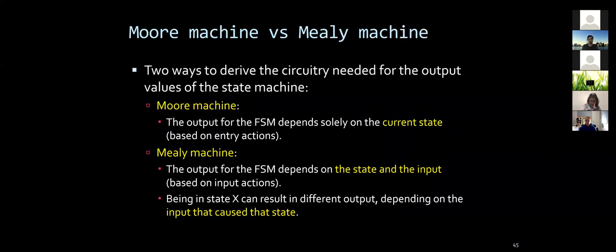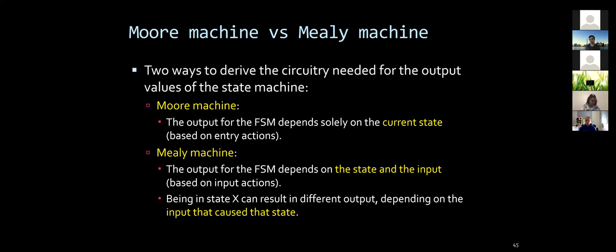Okay, let's move on. So something I'm not going to cover too much today, not to overload you, but I just need to tell you that those things exist. So we essentially have something called Moore machine and Mealy machine. These are 2 ways to derive the circuits needed for the output values of the state machines. So essentially the Moore machine uses this main principle where the output of the finite state machine depends solely on the current state, right?